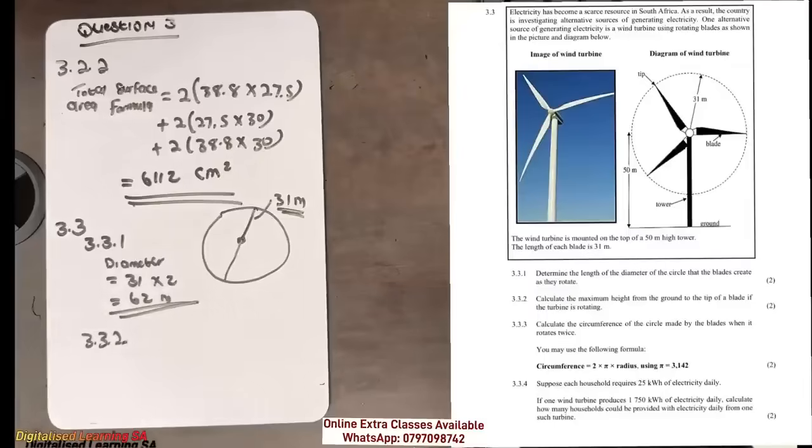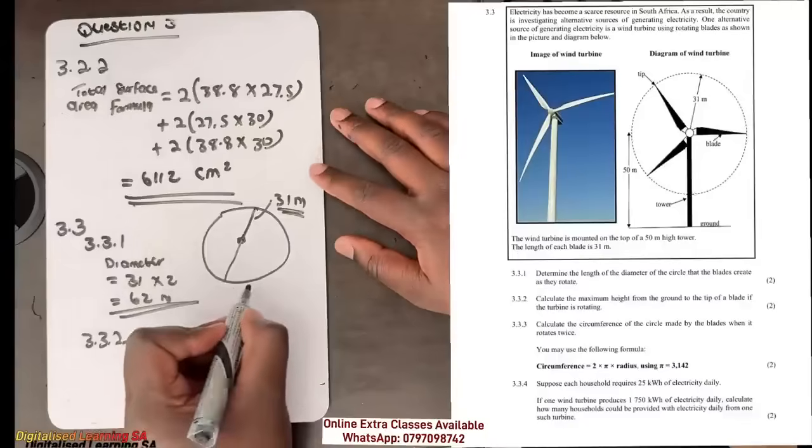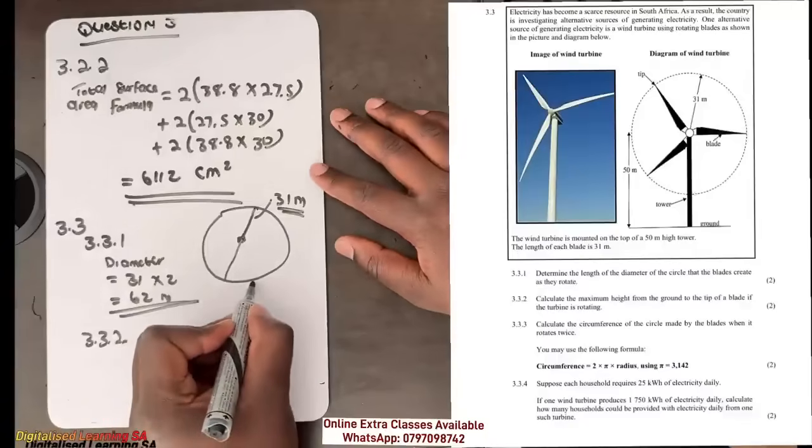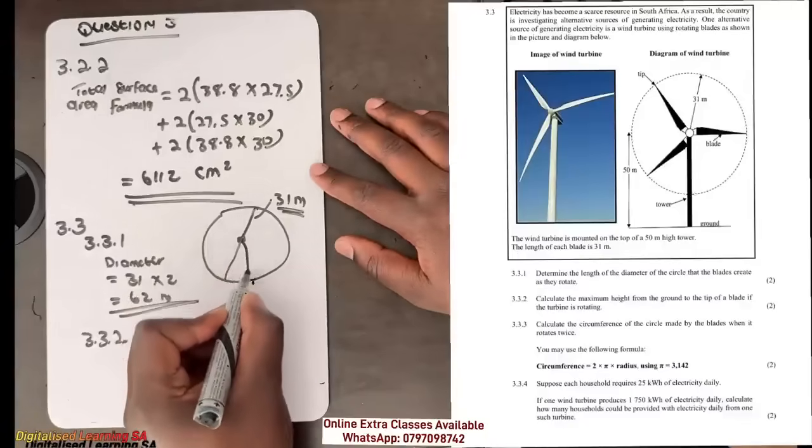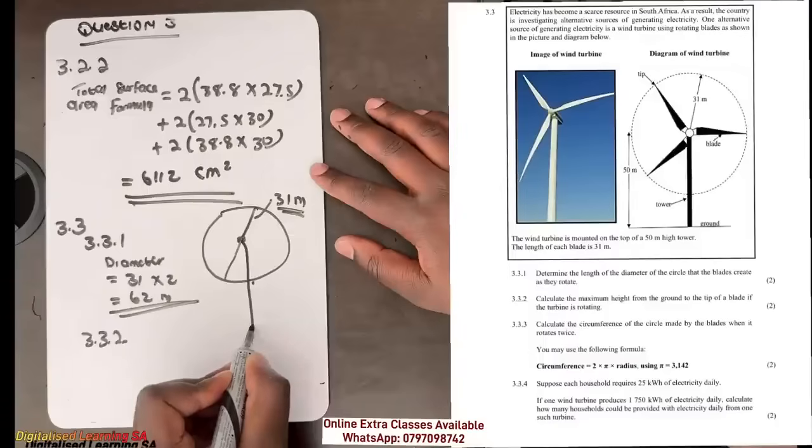Question 3.3.2 says: calculate the maximum height from the ground to the tip of the blade if the turbine is rotating. This is what we are going to do.